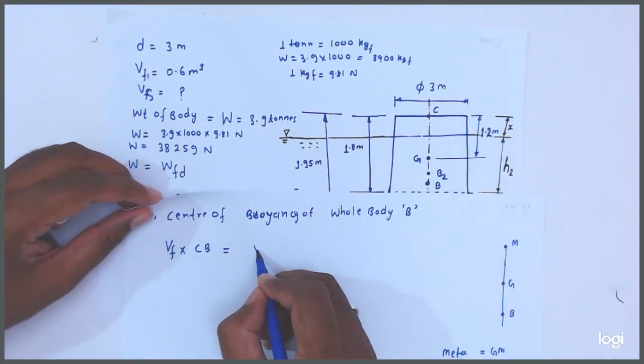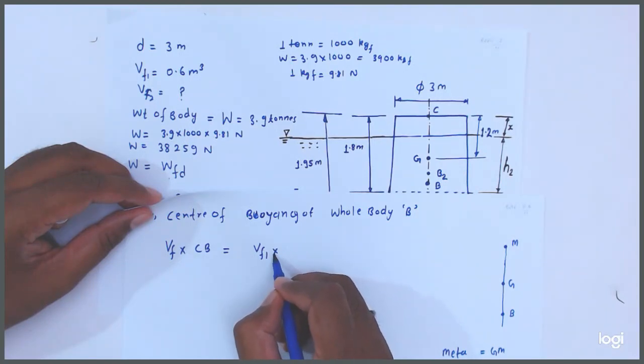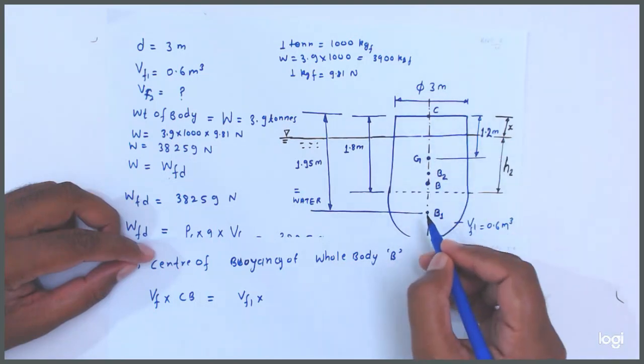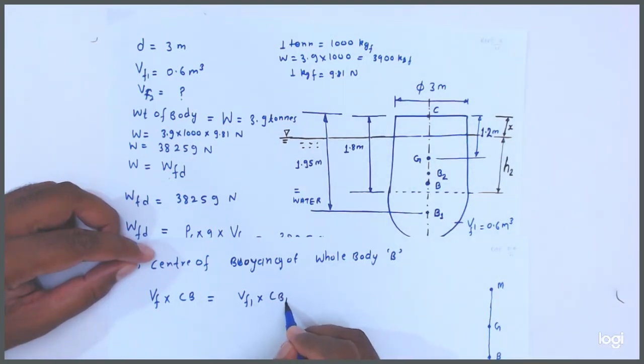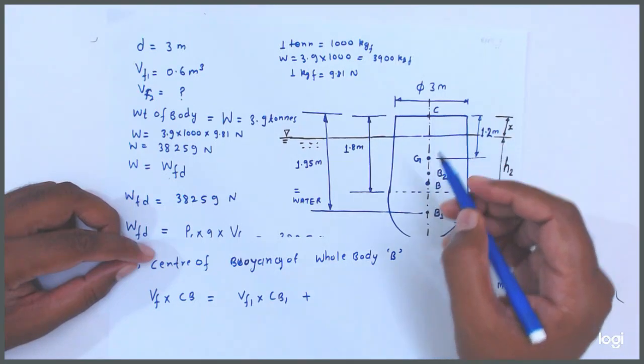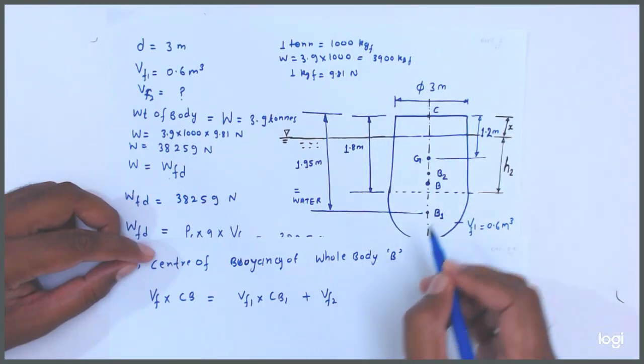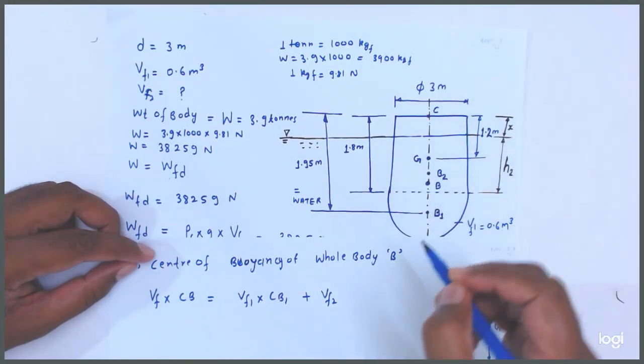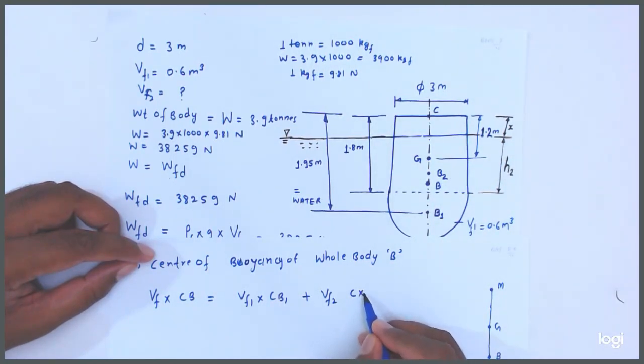It is equal to VF1 into this distance CB1, plus VF2 into distance CB2. Getting, friends?